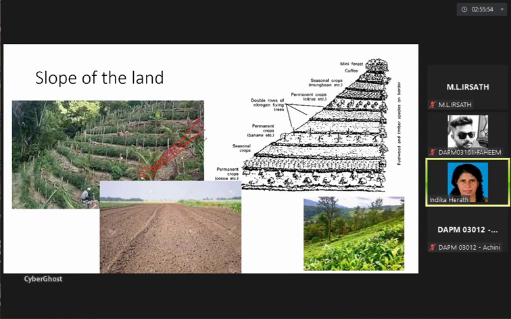These soil particles will move with water and get deposited somewhere down the slope, right?